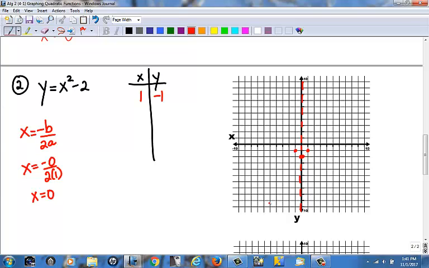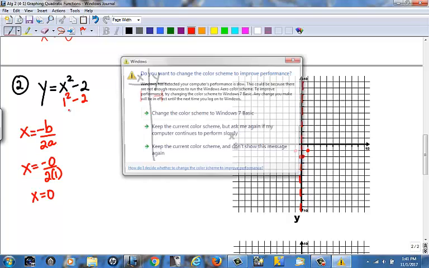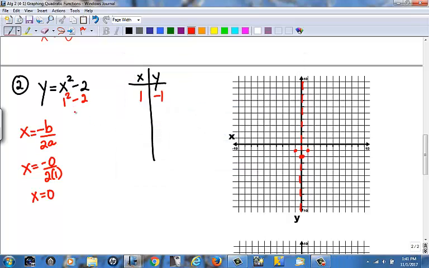Make sense? I just picked 1 for a number. 1 squared would be 1. 1 minus 2 would be -1.